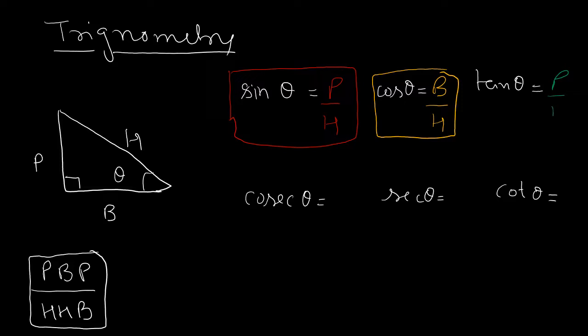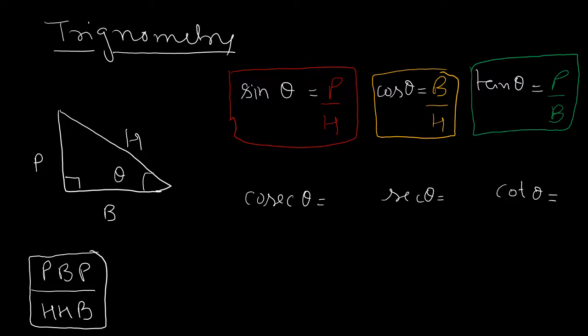So this is perpendicular over base. So sine of theta, when you need to find out, you're gonna take your perpendicular divided by hypotenuse. So perpendicular over hypotenuse, cosine of theta will be base over hypotenuse, and tangent of theta will be perpendicular over base.